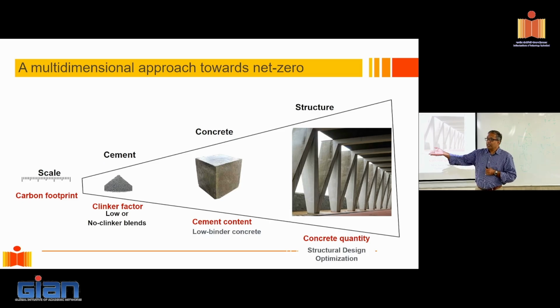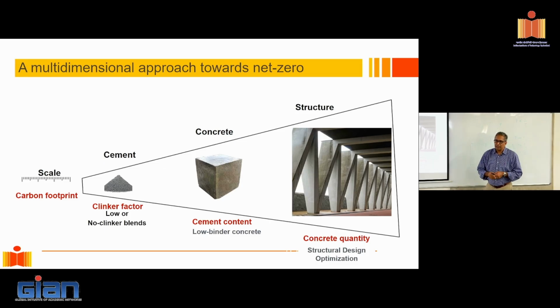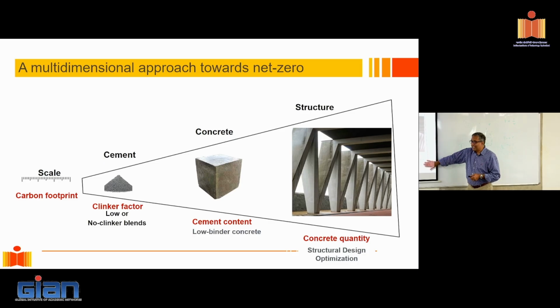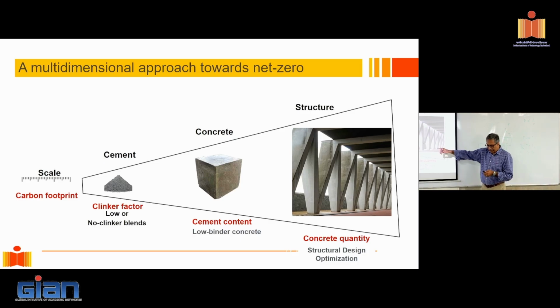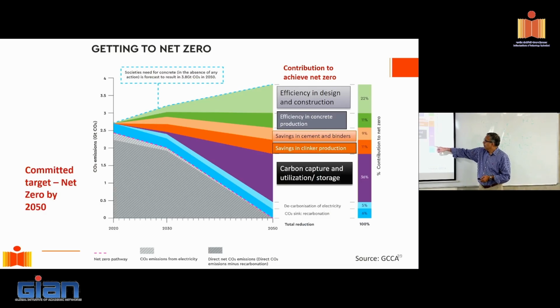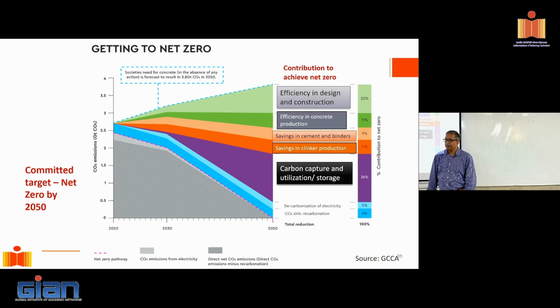Well, we'll have to start looking at structural shapes, start using some of these concepts where instead of going with rectilinear shapes, we try to optimize on the shapes, right? Come up with efficient structural systems, which basically give me better performance with lesser use of material. This scale is what we're talking about here. And this should give us about 22% savings in carbon.